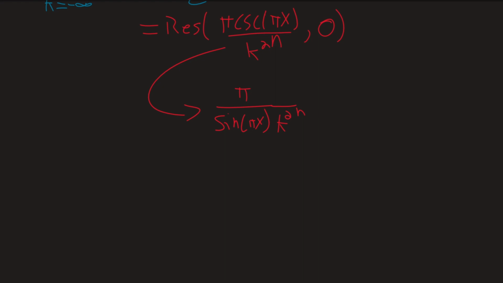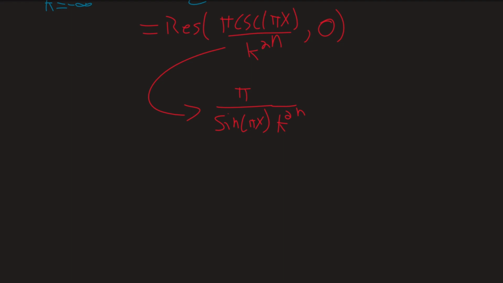We have to find the degree of the pole at k equals 0. Initially you might say the degree is 2n, but that's not entirely true, because we have the sine of x right here. So really the degree of the pole is 2n plus 1, because sine of 0 is 0, so that contributes to the degree of our pole as well.